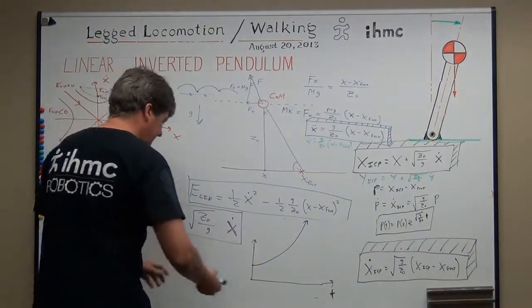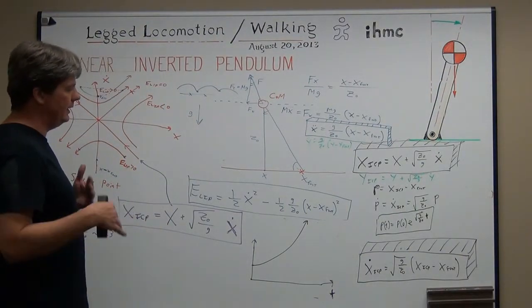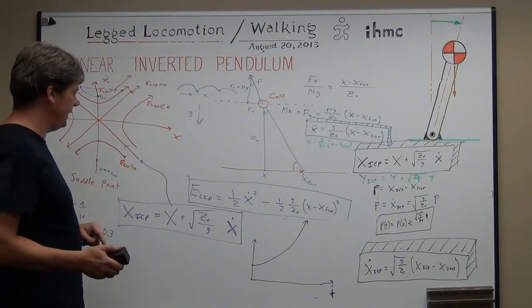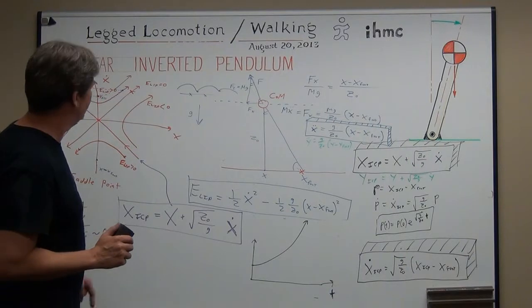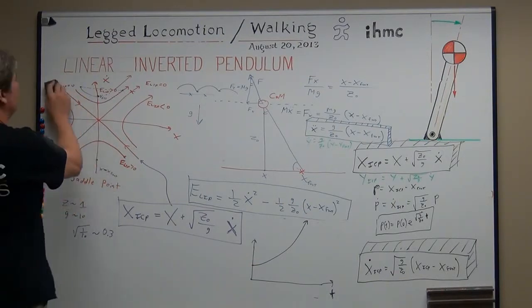Which makes things real nice because since everything's linear and everything's decoupled, you can do overhead views of what's going on using your instantaneous capture point. That makes a lot of sense, and is much easier to think about than these sort of diagrams, and much easier to think about than hyperbolic sines and cosines. So let's go ahead and do that.